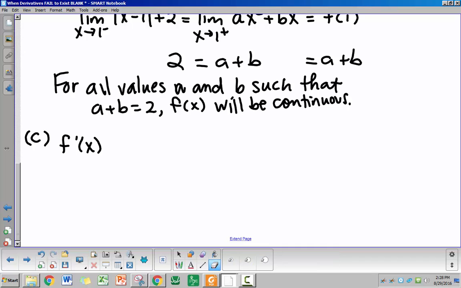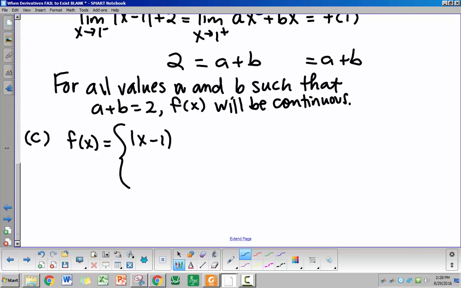Well, let's write f of x first so I can remember what it is. f of x is equal to the absolute value of x minus 1, plus 2, for x less than 1. And ax squared plus bx for x greater than or equal to 1.